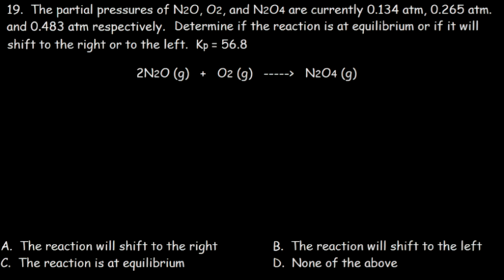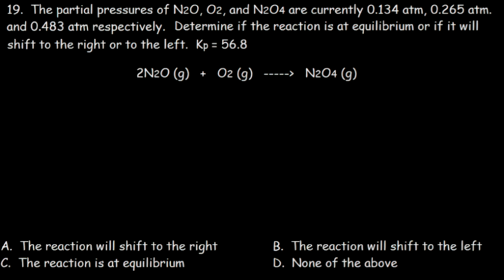19. The partial pressures of dinitrogen monoxide, oxygen gas, and dinitrogen tetroxide are currently 0.134, 0.265, and 0.483 atmospheres respectively. Determine if the reaction is at equilibrium or if it will shift to the right or to the left.